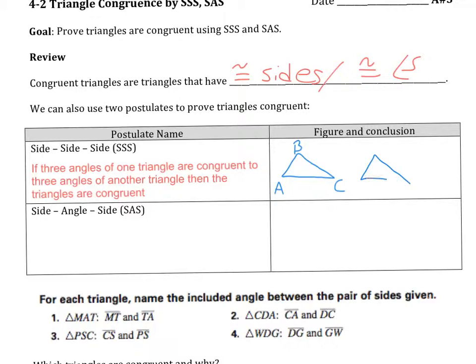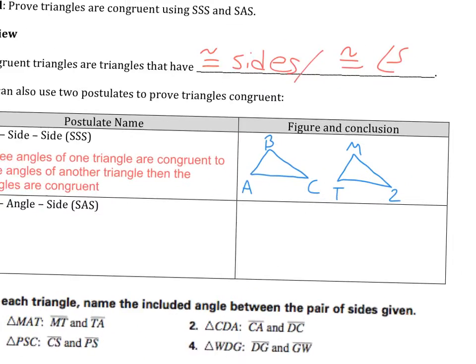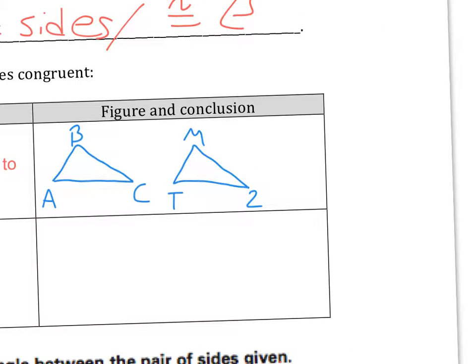And another triangle here, TMZ. Then what we end up having is, notice we have to mark it, right? So this AB is congruent to MT, BC to MZ, and AC to TZ.